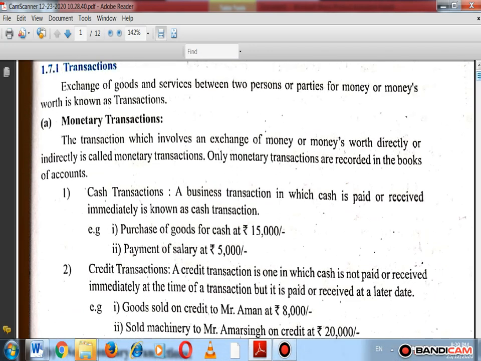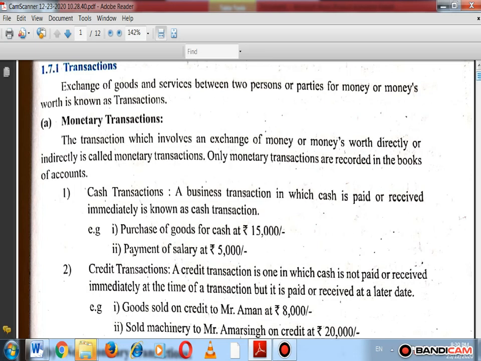Monetary transaction means a transaction which involves an exchange of money or money's worth directly or indirectly. Only monetary transactions are recorded in the books of accounts.